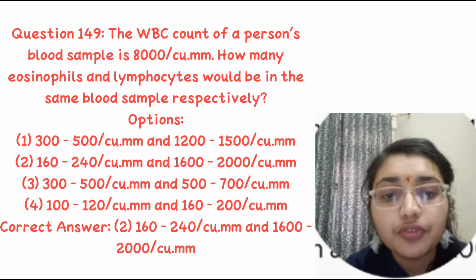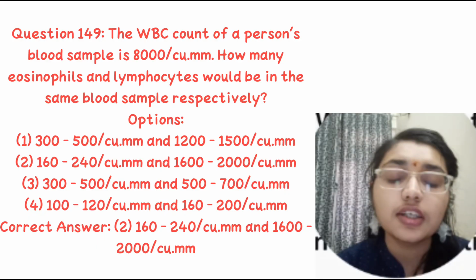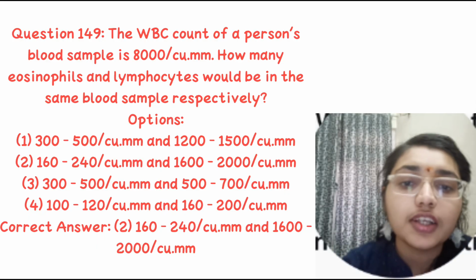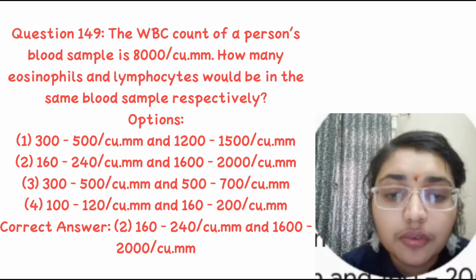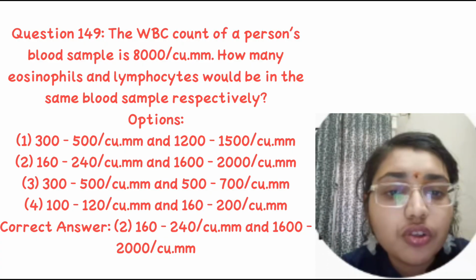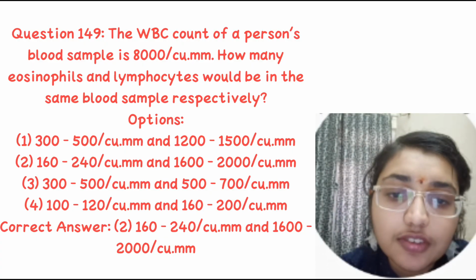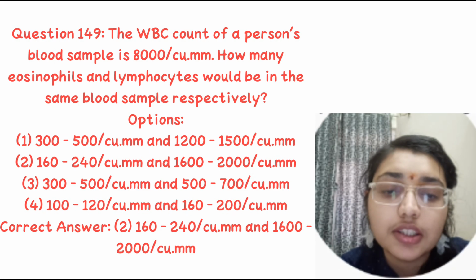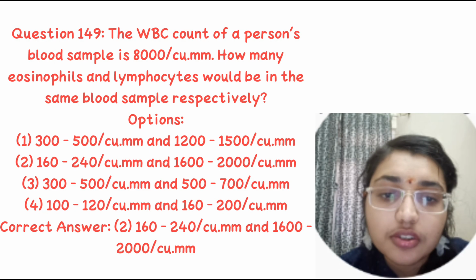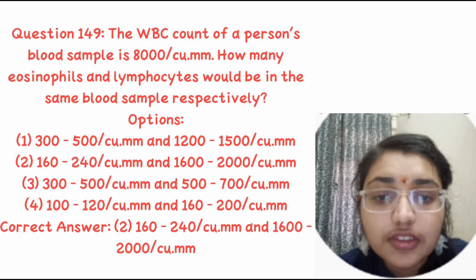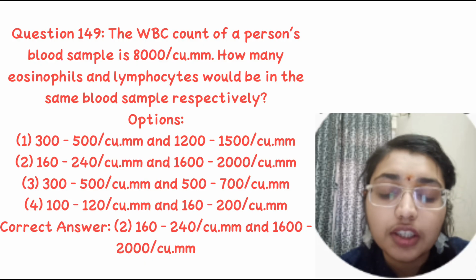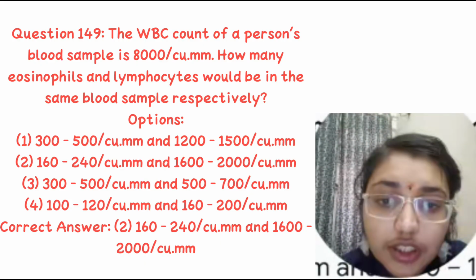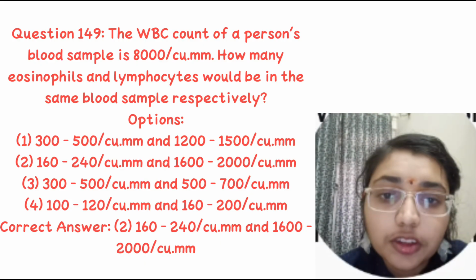Eosinophil is 2 to 4%. So this question is coming from the blood part of your NCERT. Directly this question is asked. The amount of lymphocytes is 20 to 40% of WBCs, that is 1600 to 3200, typically 20 to 25% ranging as 1600 to 2000, that is 1600 to 2000 in the option. So here we can see the correct answer is option 2.